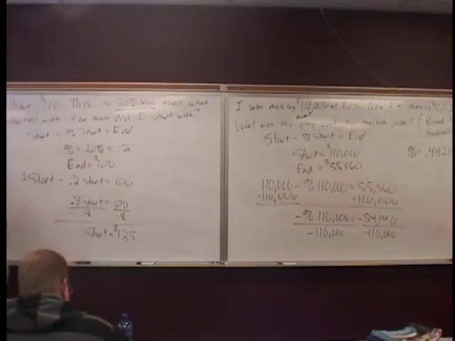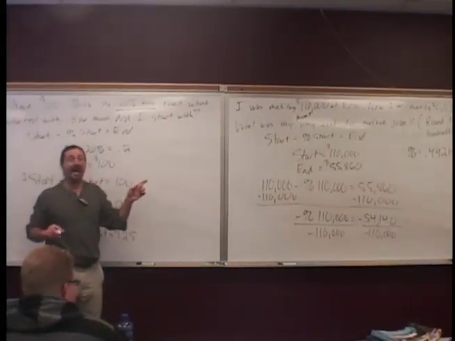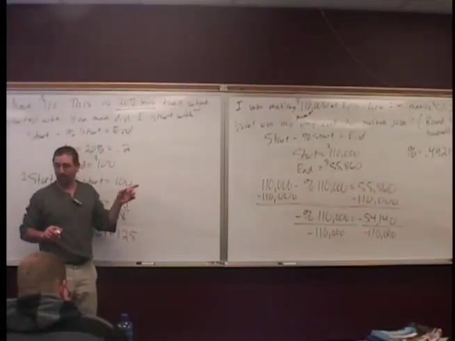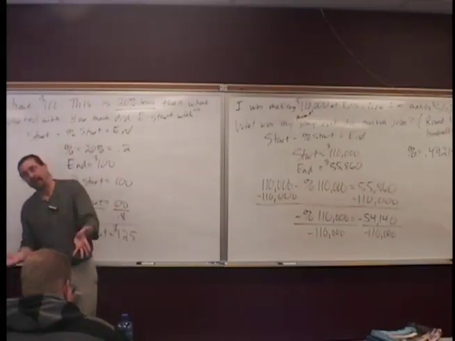Okay. So I said to round this to the nearest hundredth of a percent. Do I round it right now? No. Why not? It's not a percent yet. This is still a decimal. Convert it to a percent first, then round it.